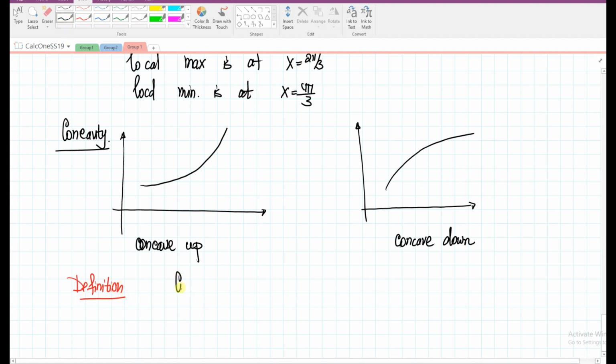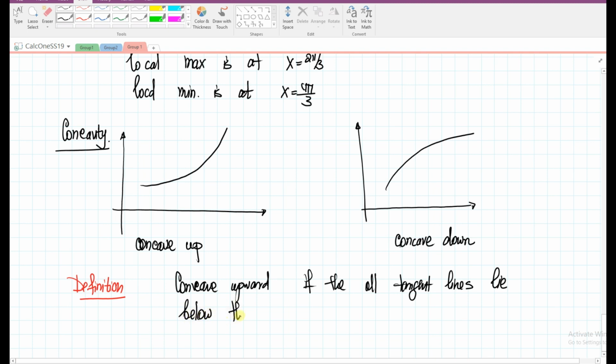So the function is called concave upward in some interval if all tangent lines lie below the graph of the function.